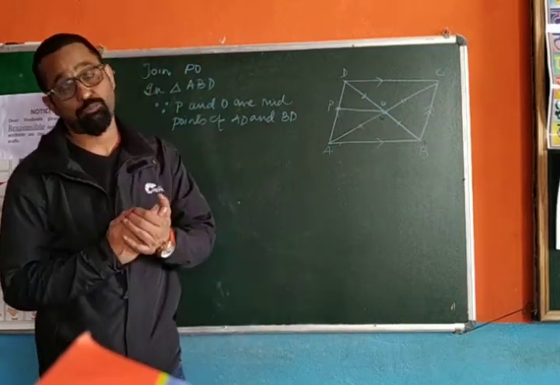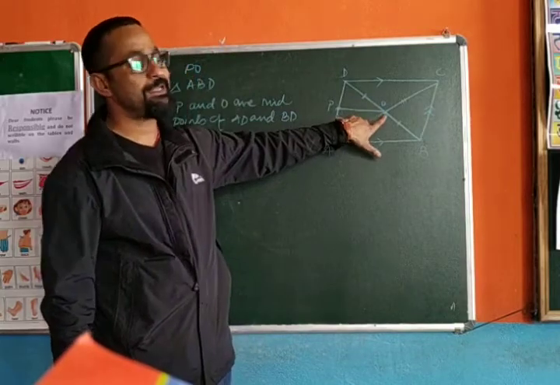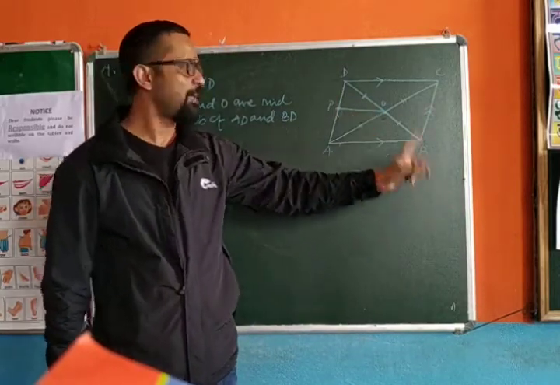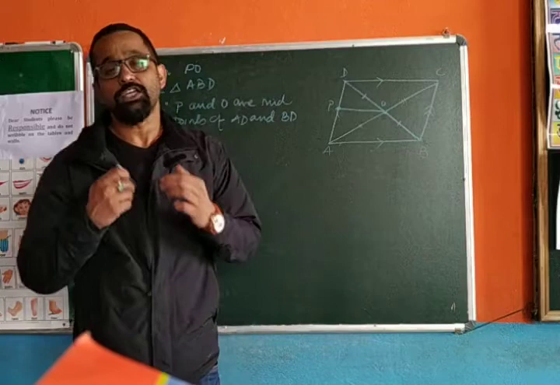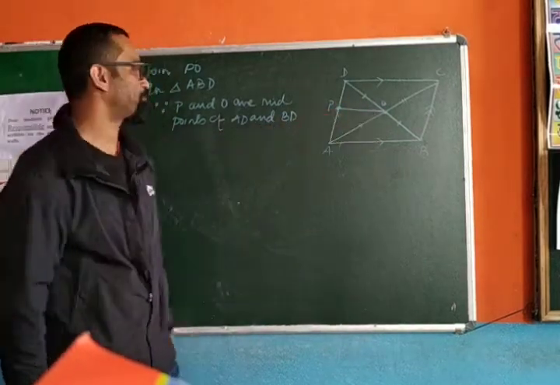You have to use the property of diagonals. Diagonals bisect each other in equal halves, which means it is the midpoint.